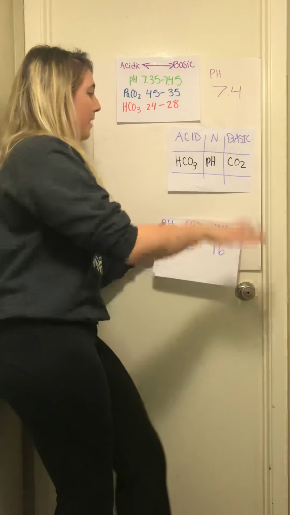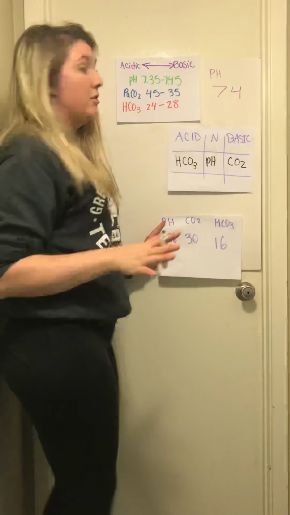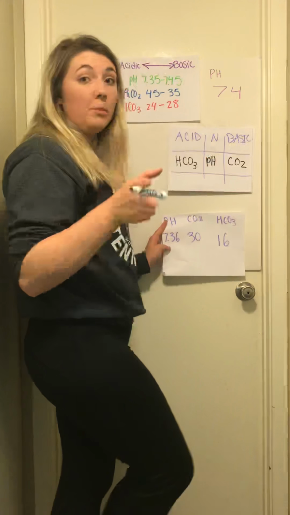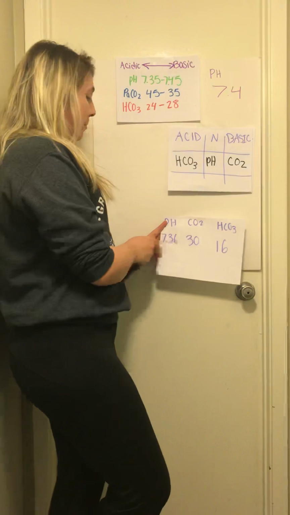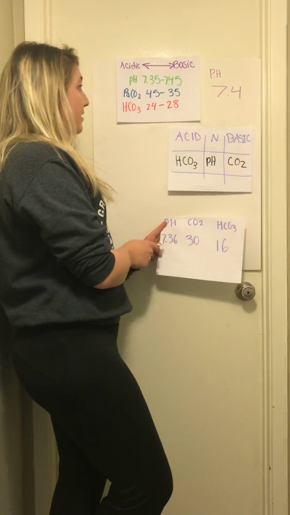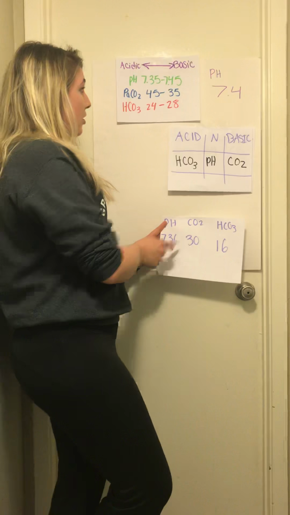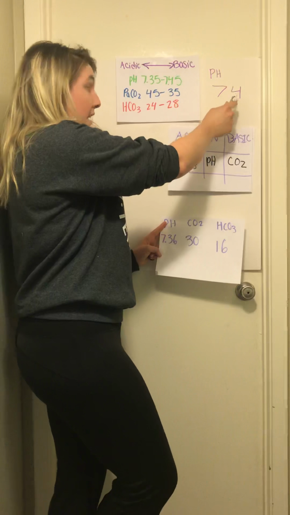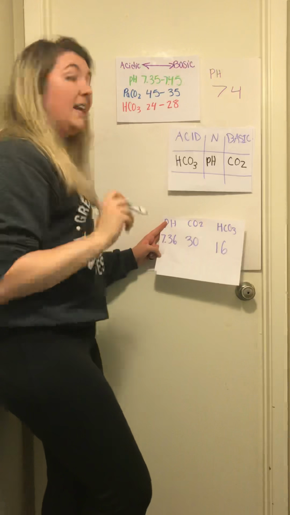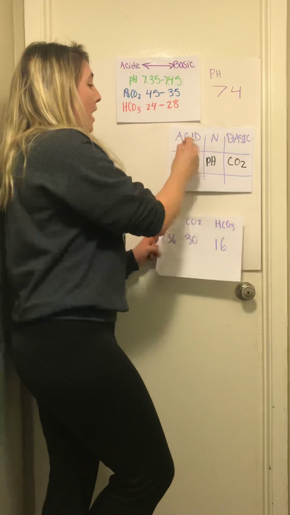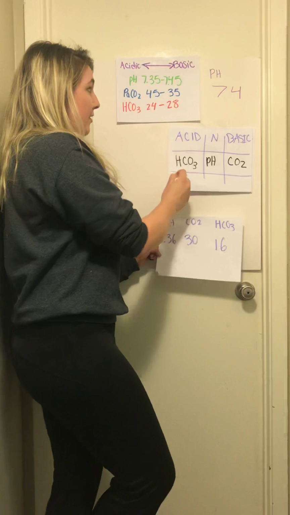So now we got to look at the pH, because this is how we're going to be able to dictate this. Since our pH was 7.36, which is less than 7.4, making it more acidic, we go with whatever one is in the acid state here.